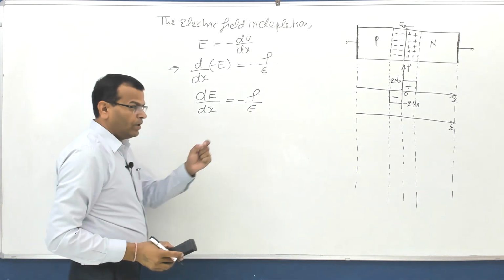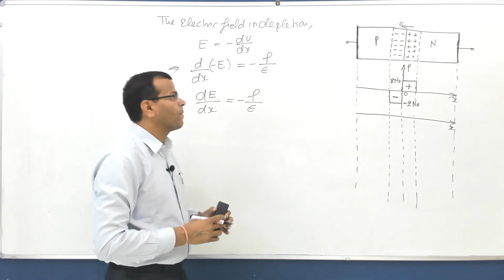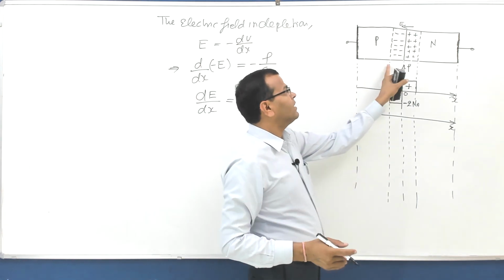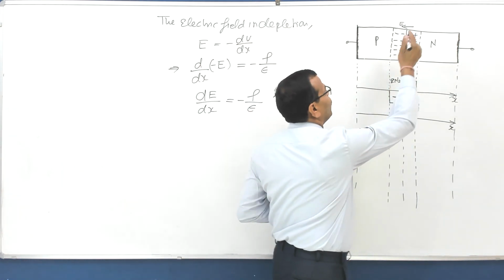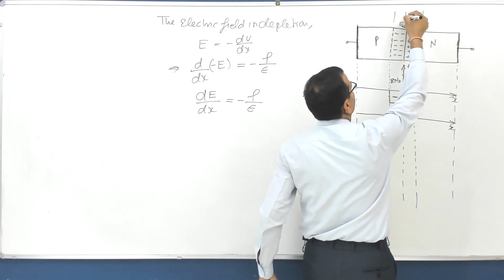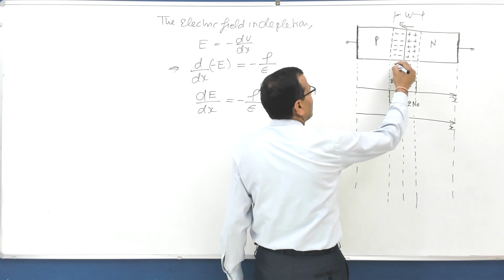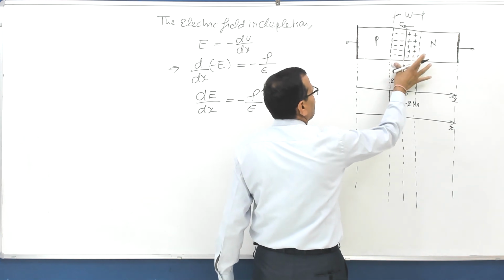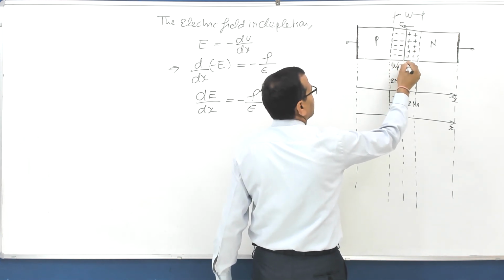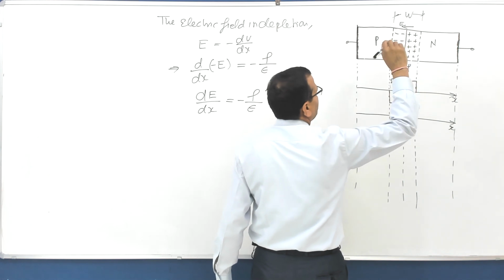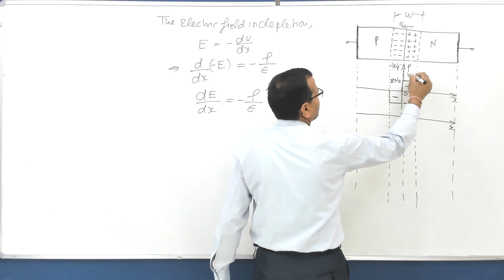Now, an interesting point, please see this. Let us see the width. Total width of the depletion layer is W, please remember. The width of the depletion layer on the P side is suppose WP, and the width of the depletion layer on the N side is suppose WN.